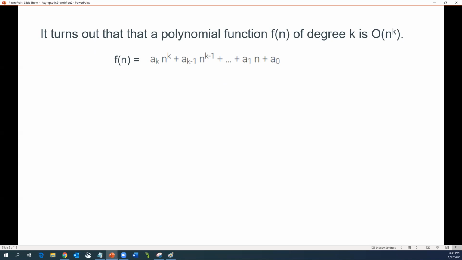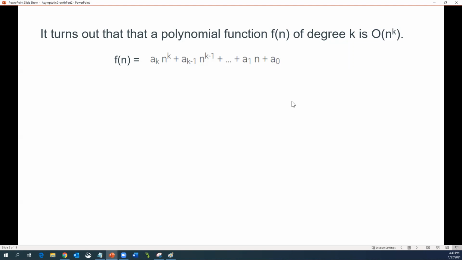So if I have a function f of n with terms n to some power, n to another power, and so on, ordered so that the highest power goes first and then goes all the way down, that is a polynomial. And what we learned is that we could take any polynomial and show that it's O of n to the k, where k is the highest power.